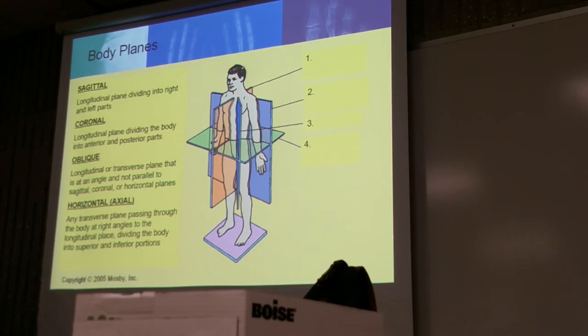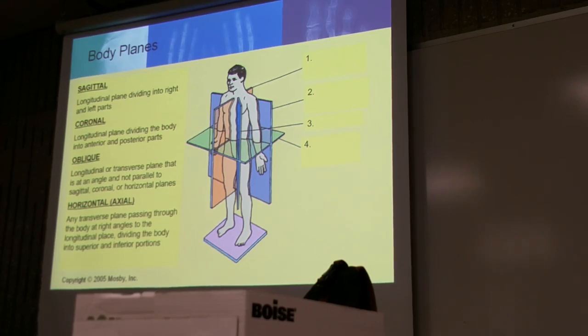Because half is equal, right? Okay? So pay close attention to how it's described. If it's sagittal, we're dividing it into a left and a right. If it's mid-sagittal, what does that mean? Equal left and equal right.